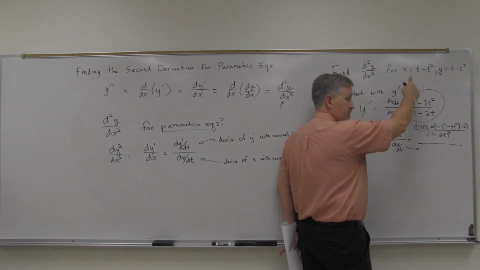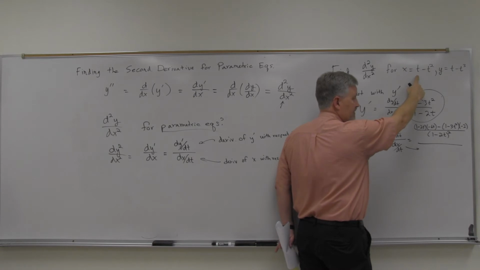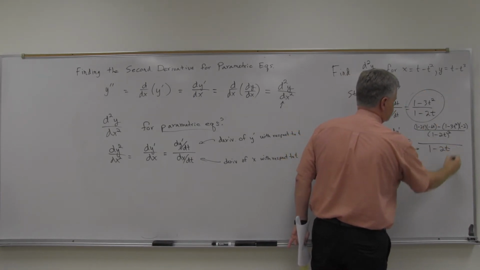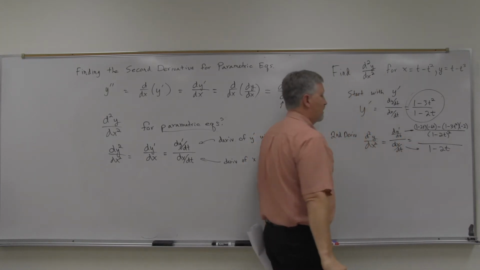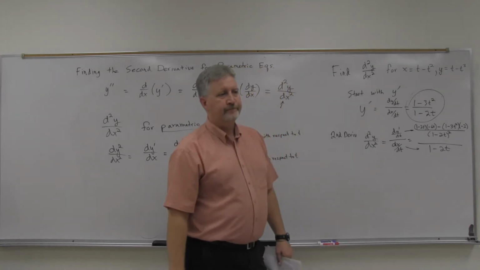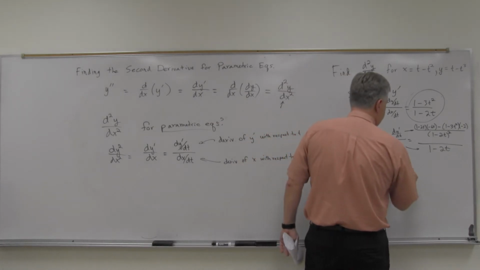So going back to the original x, what is dx dt? Well, it's just the derivative of that, which is 1 minus 2t. So this is dy prime dt, and then the bottom is dx over dt. Is that okay? All right, so let's simplify.